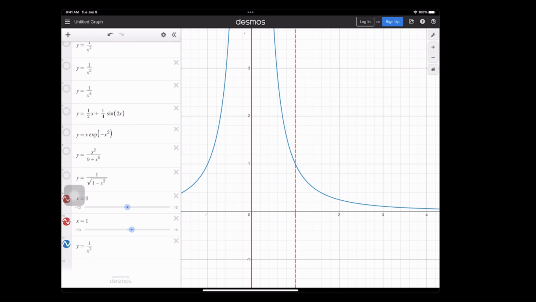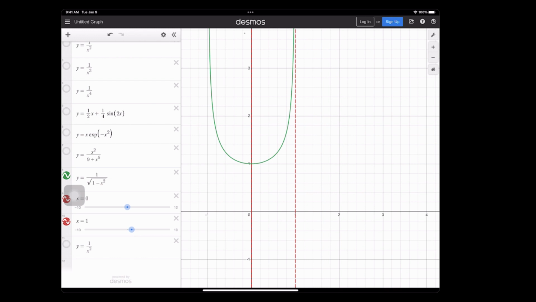If it's slow, it'll diverge. If it's fast, like in this example, where the vertical asymptote is on the right and the curve in green gets close fast, that's why it converges.